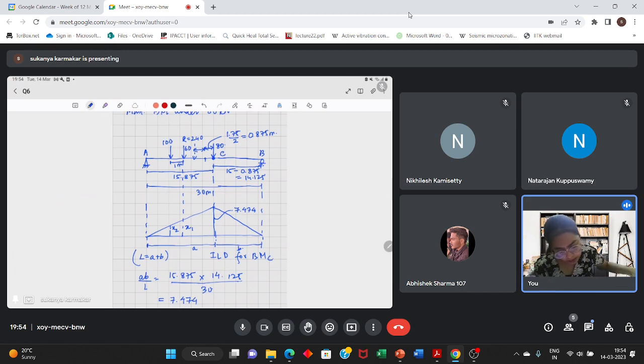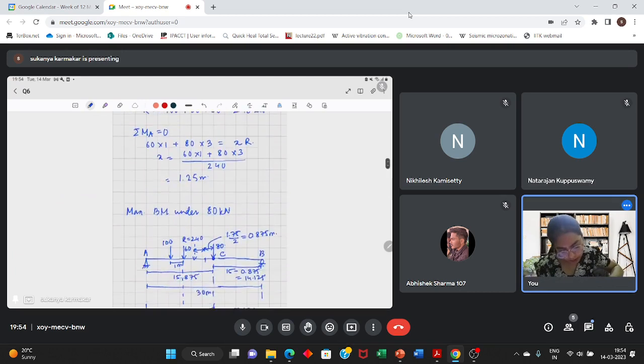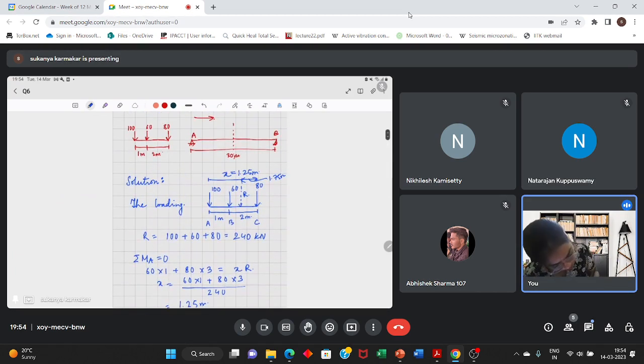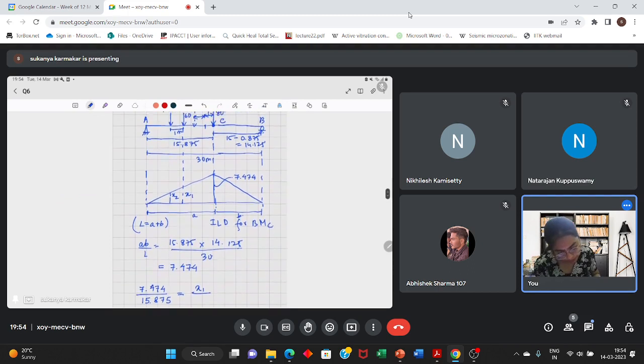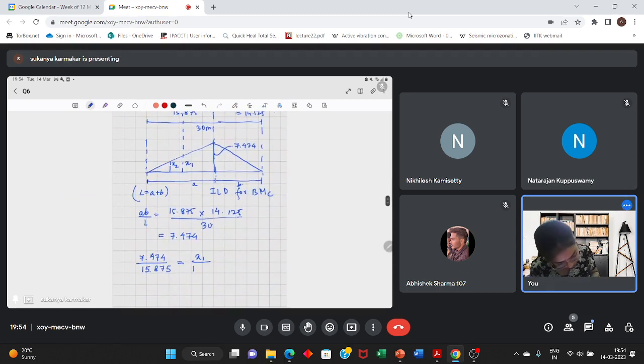This will again be 0.875. And how much is this? This is 0.25. So this is 15 minus 0.875 minus 0.25.